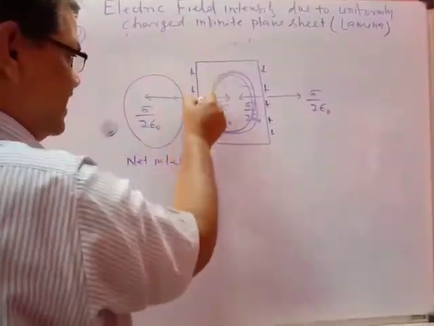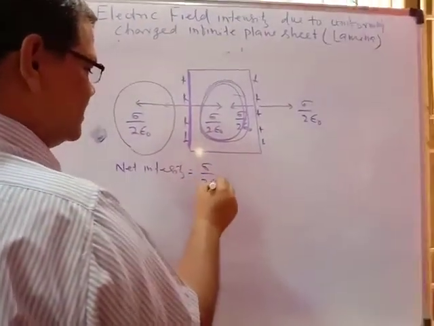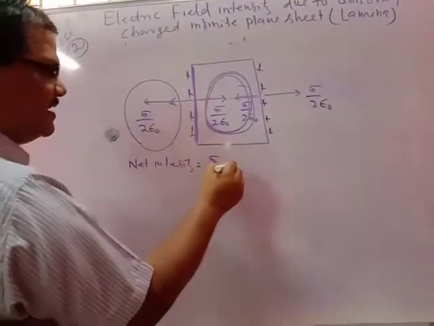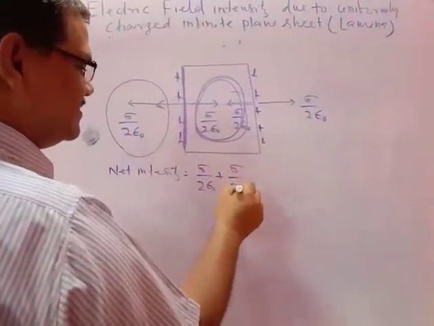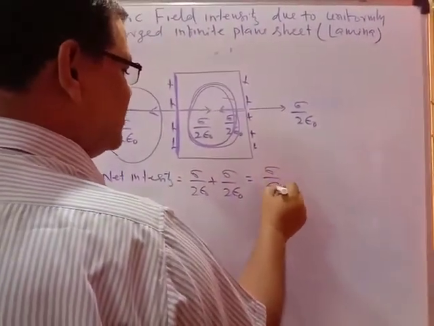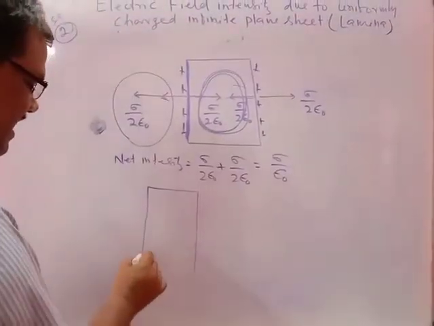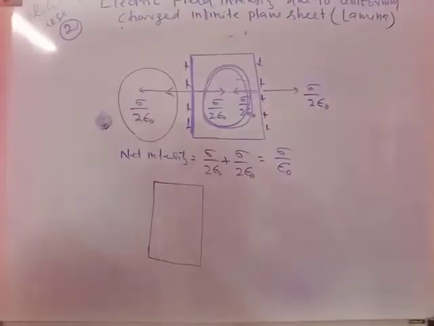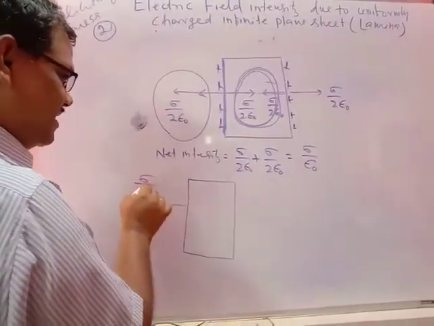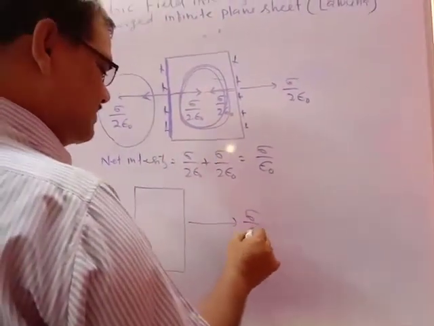Due to this side you get sigma upon 2 epsilon naught, and due to this side you get sigma upon 2 epsilon naught, so that is equal to sigma upon epsilon naught. So it is clear that for a thick and finite metal sheet, on this side you get sigma upon epsilon naught, and on this side also you get sigma upon epsilon naught.